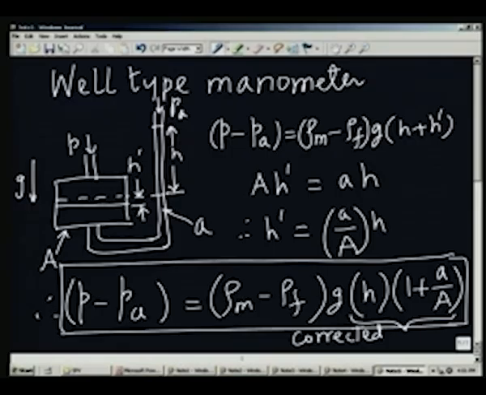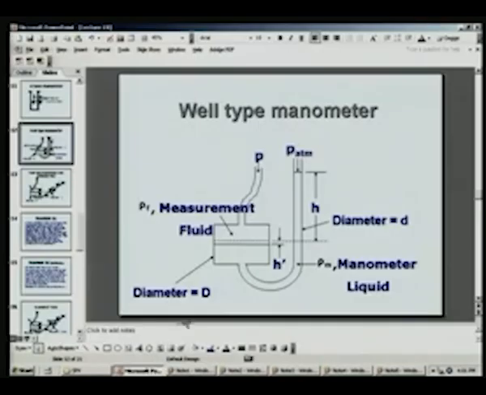The height is h, h into 1 plus A by A is the corrected height, and the scale can be adjusted such that the corrected height can be directly measured. So, now we will go back to the case here. To recapitulate, what we are doing is, instead of measuring the height using an ordinary scale, I am going to use a scale which is going to have the factor 1 plus A by A already built into it.